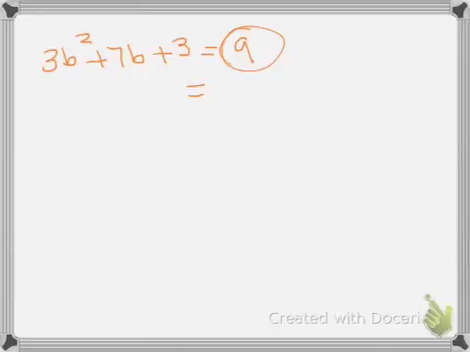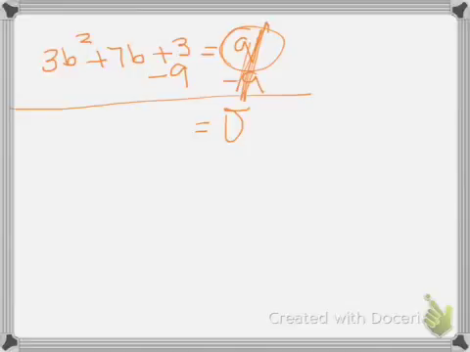So in order to be set equal to 0, we have to first take away our 9, because 9 and negative 9 cross out to get me 0. And what I do to one side, I have to do to the other. Since 9's a constant, I have to take it away from the 3. Make sure everything else is in the right order.